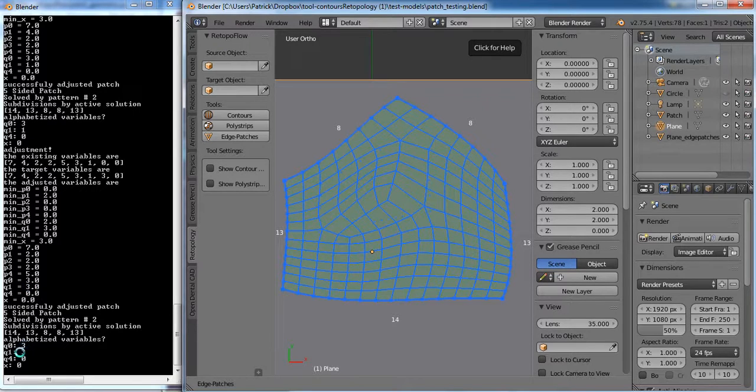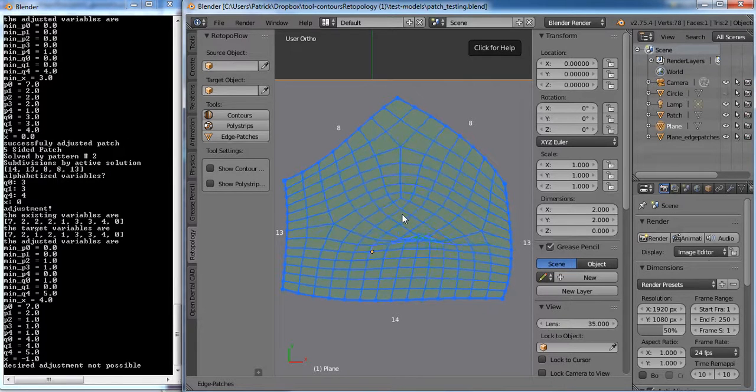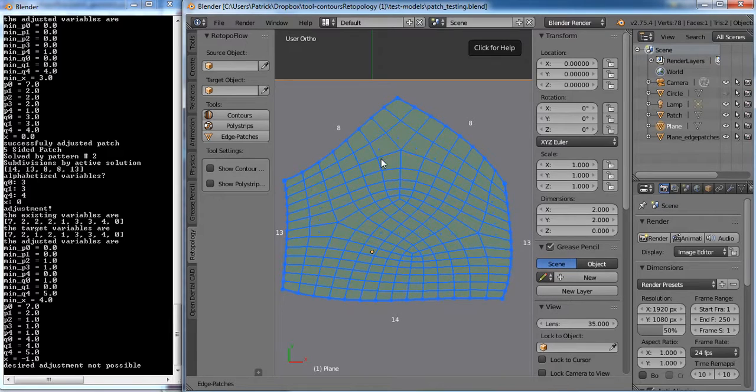Now we have Q1 equals 3 and Q0 equals 3. Okay, so you can just keep tapping this and watch as things adjust. So now we've moved the whole pole system kind of back towards the middle by adding more flows between them.